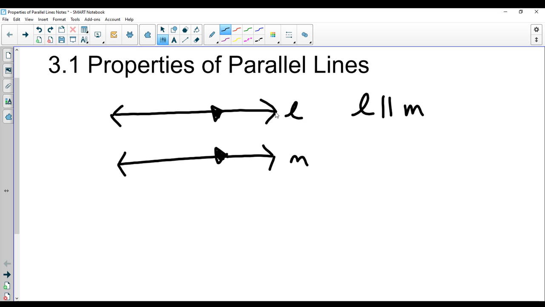Okay? So if two lines have one arrow each on them, that means they are parallel. Okay, and then you could see it where there's another set of lines like this.